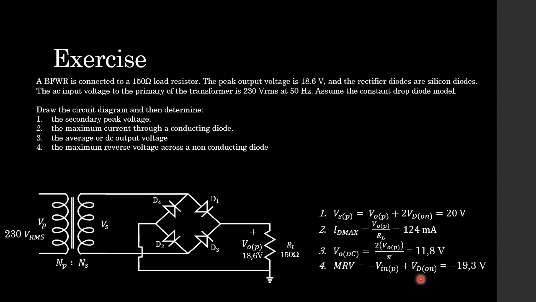If we solve this expression given the numbers that we have, we see that our MRV is minus 19.3 volts. And bonus, we know that our peak inverse voltage, which is our voltage breakdown, needs to be greater than the magnitude of our maximum reverse voltage so that we do not damage our diodes.